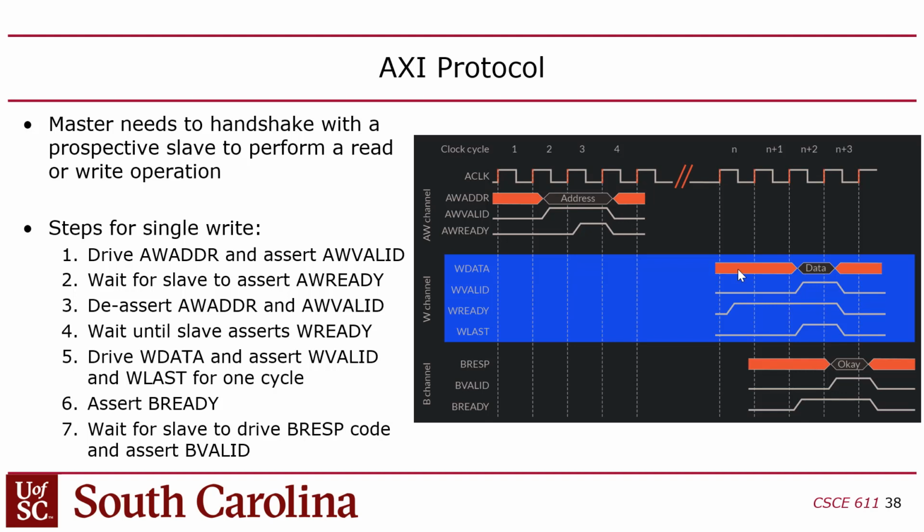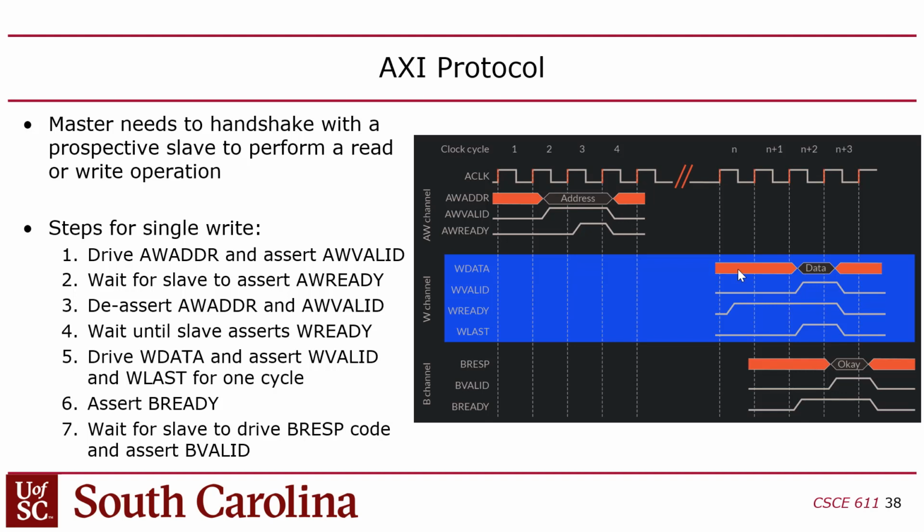I have to hold it there until the other side of the connection, whoever that address is referring to, comes back with a ready. That's the handshake. I say, I have an address, it's valid, and I sit there until the other side comes back and says, okay, I'm ready. At which point I can assume that I've now registered my request, and I can deassert the address and drop valid. Does that make sense? Okay.